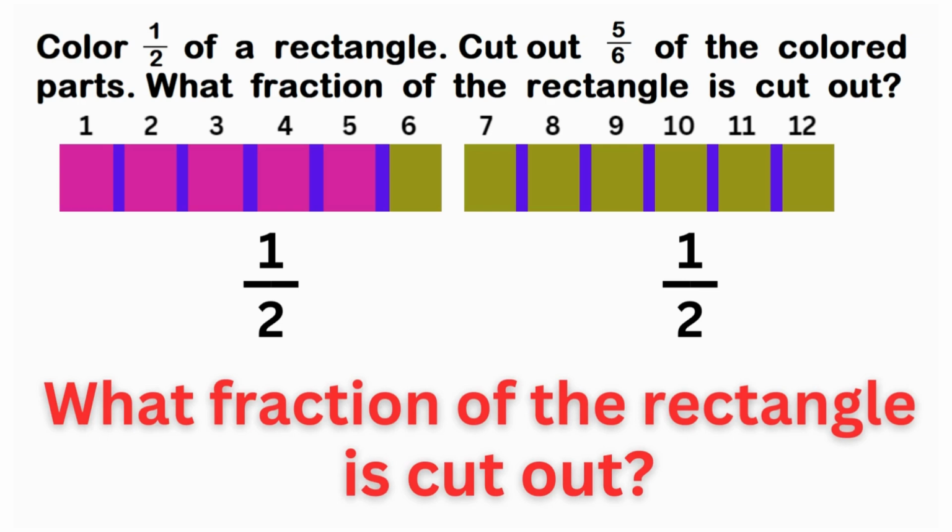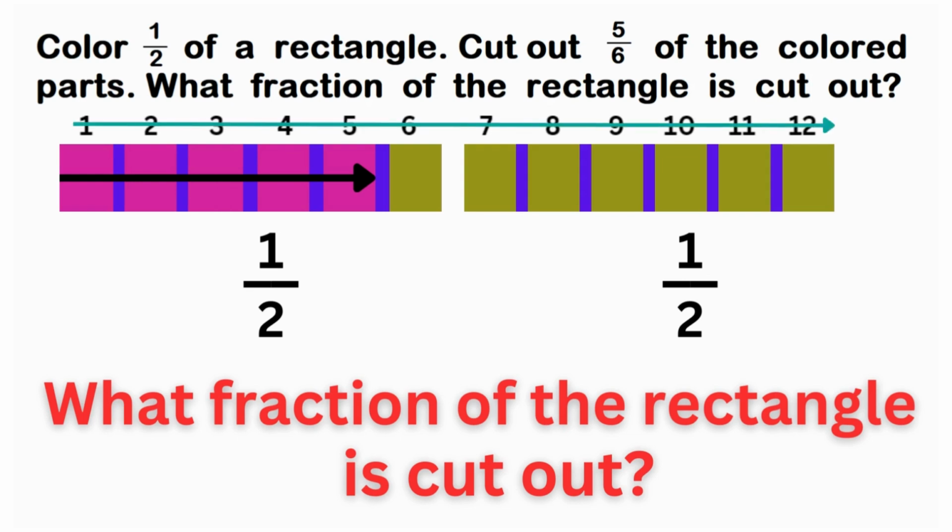Okay. What fraction of the rectangle is cut out? Based on the illustration, let's start: 1, 2, 3, 4, 5. That is 5 over 12, because it is evenly divided, equally divided.